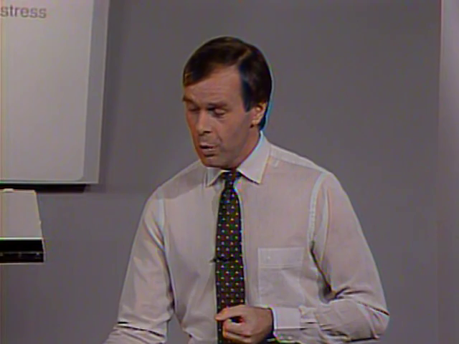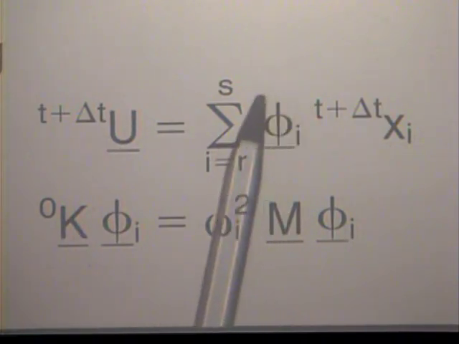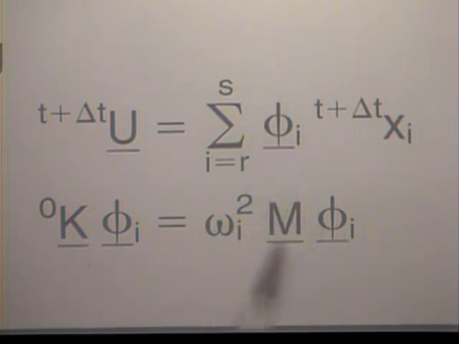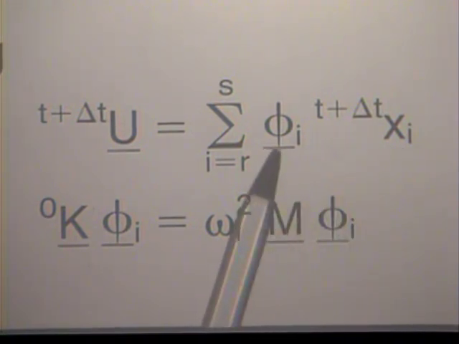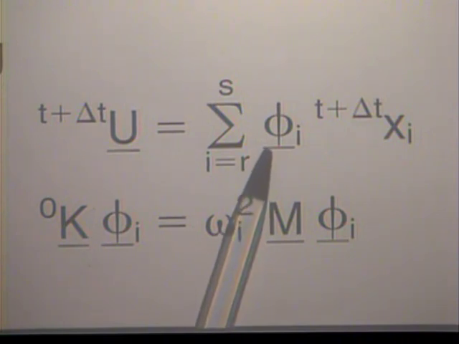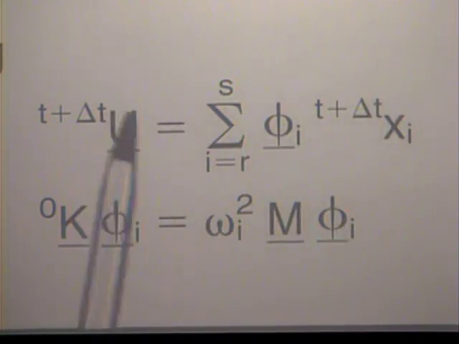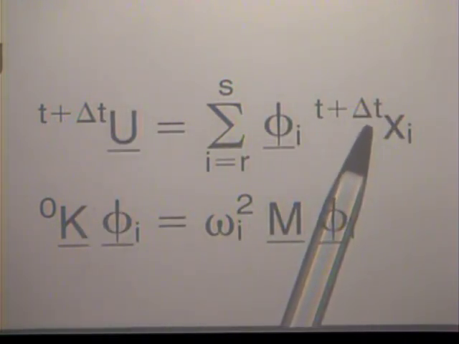Then, using this transformation here, where phi r are the eigenvectors of this problem down here, and the xi are the generalized displacements corresponding to these eigenvectors. Notice this equation is exactly the same that we're used to seeing in linear analysis.